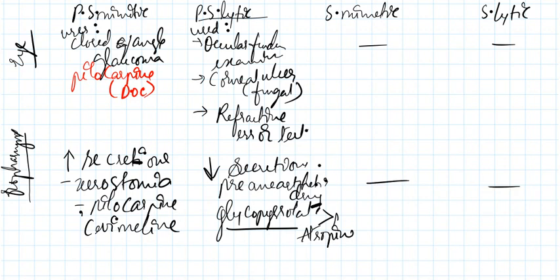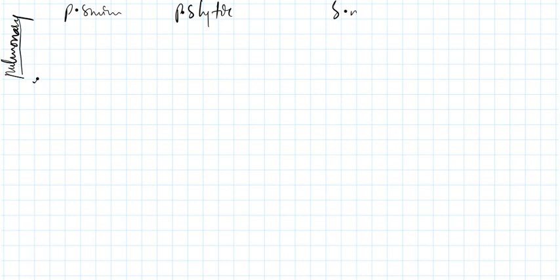Okay. Now going to the next thing, the pulmonary system. How are these drugs used in the pulmonary system? Parasympathomimetic, parasympatholytic, sympathomimetic, and sympatholytic.